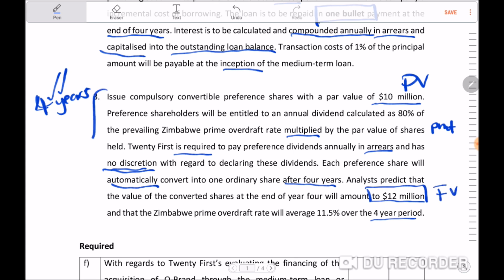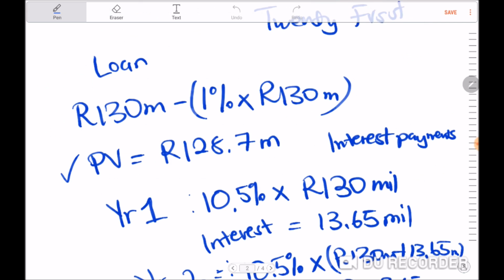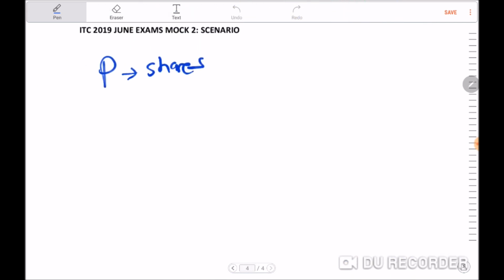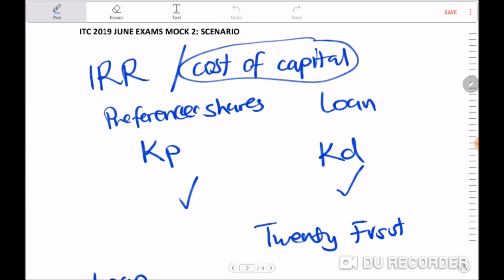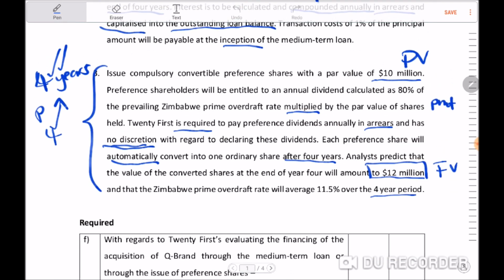And then the period is the 4 years highlighted earlier. So using my financial calculator, I input N equals 4, and my PMT, which is 80% of the Zimbabwe prevailing prime rate multiplied by the par value of the number of shares held.